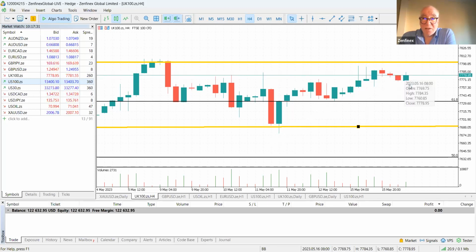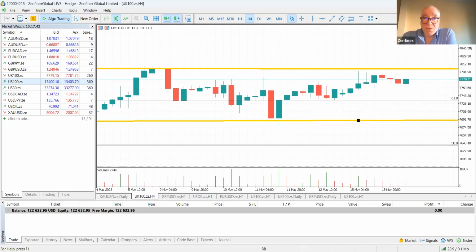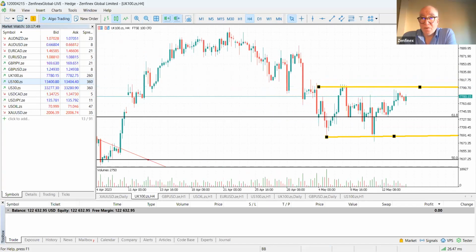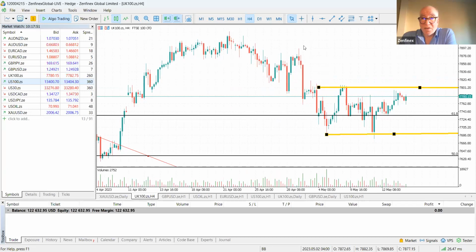So it may stay in this area for a little while, but I suspect that a breakout from the top of 7,798 or 7,800 might be a good area to see if that will take us all the way back up to retest those highs. Certainly this level here would be worth watching.